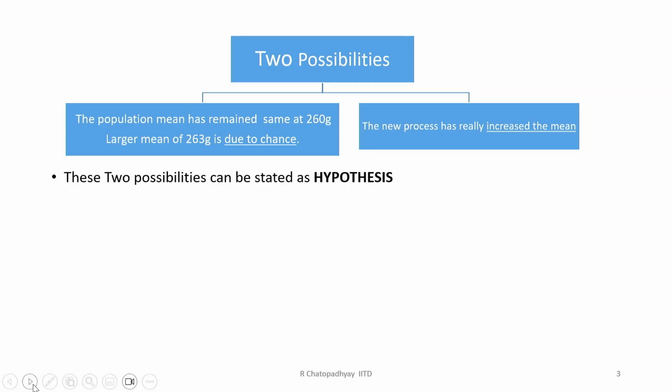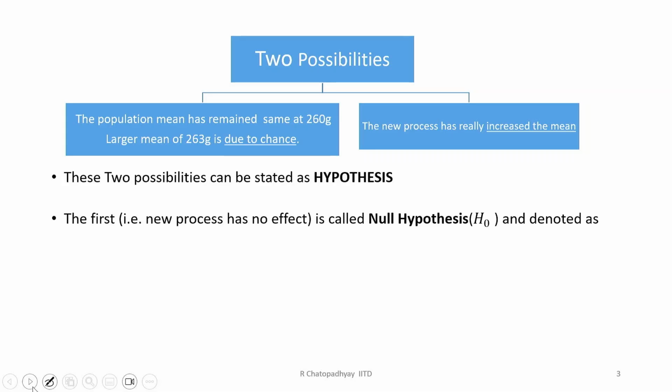These two possibilities can be stated as hypothesis. The first, that the new process has no effect, is called null hypothesis, and it is denoted by H0. That's what we write, H0, which says mu is equal to mu 0. They are same, there's no change.